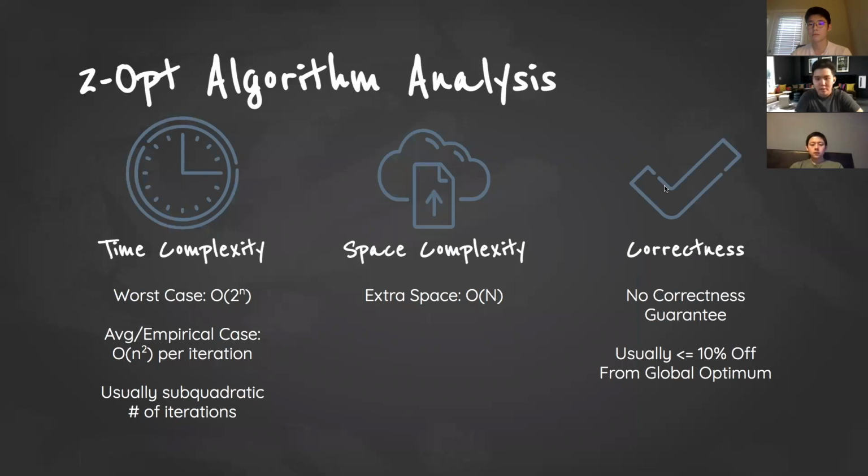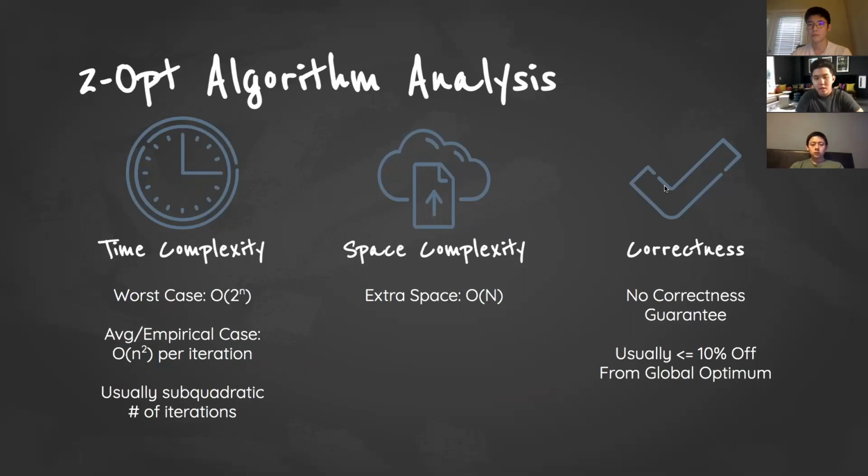Now, this heuristic method actually has a couple of interesting points. First, even though the worst case is still potentially exponential, i.e., in some scenarios you would have to consider all possible permutations, the average empirical case is that with an O of n squared per iteration, there's usually only a subquadratic number of iterations.